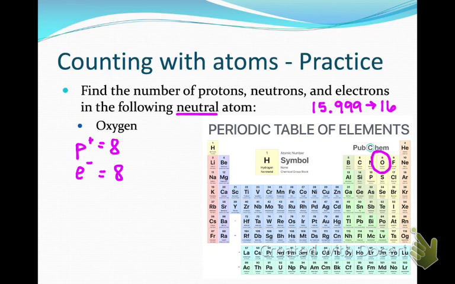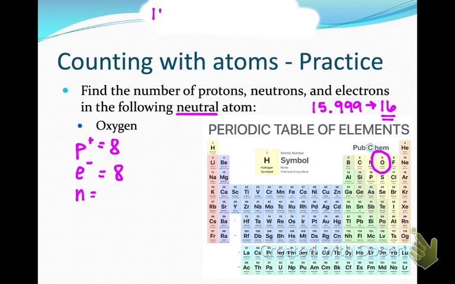And we're going to say it has an atomic mass of 16. So if I know I'm looking for the number of neutrons in a neutral oxygen atom, and I know it has an atomic mass of 16, I know that that's equal to protons plus neutrons.